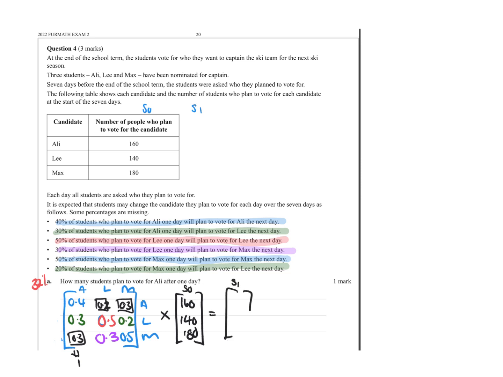This is day 1. I end up with 146, 154, 180. But the question just was, how many vote for Ali? Ali's at the top, so I'll say 146 vote Ali on day 1.